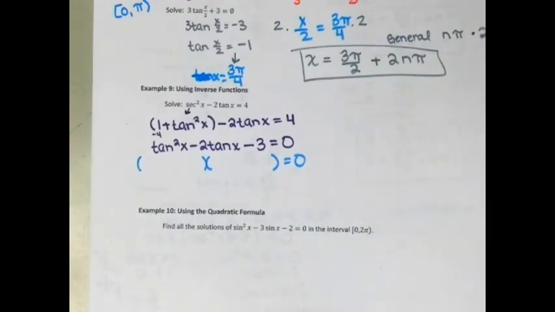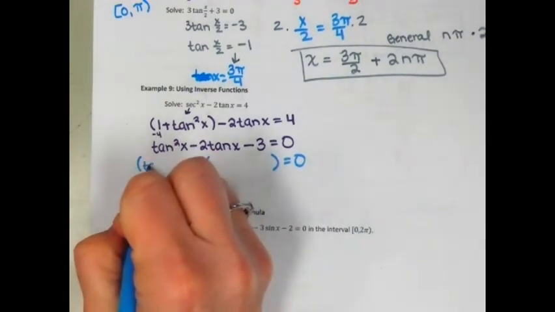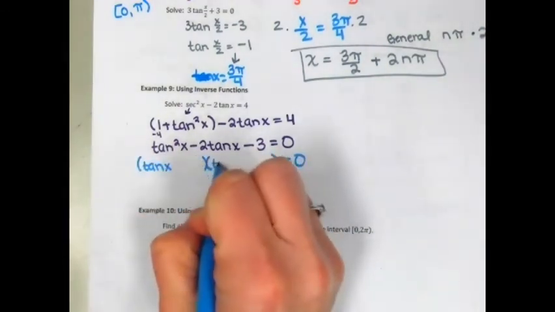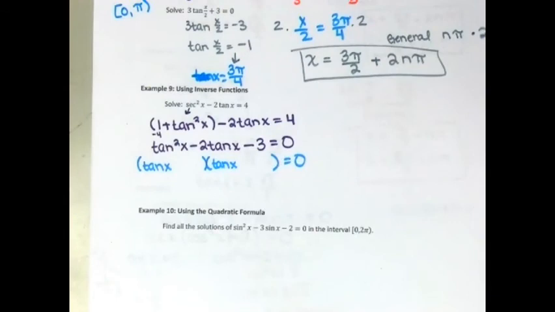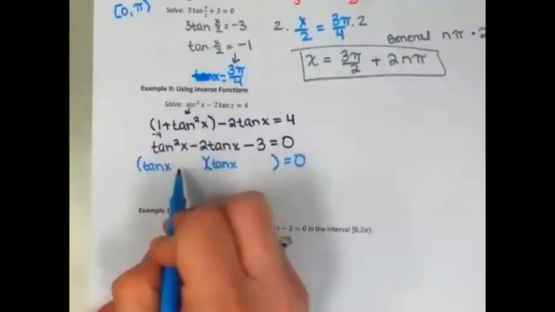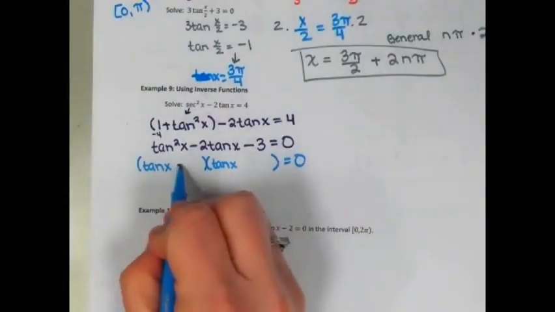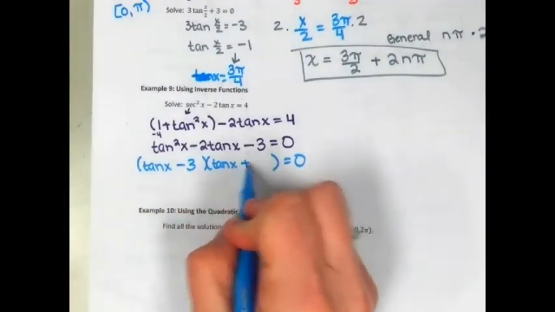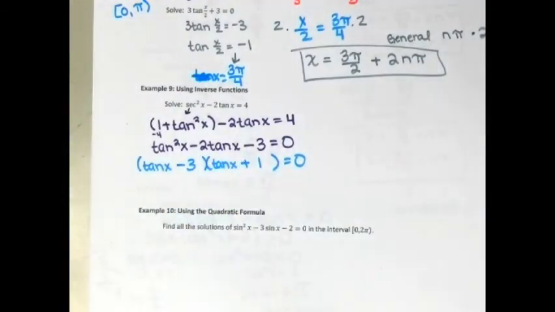What did you guys get when you factor? Tangent x in the first terms. And then what do we have? Negative 3 and plus 1, right?